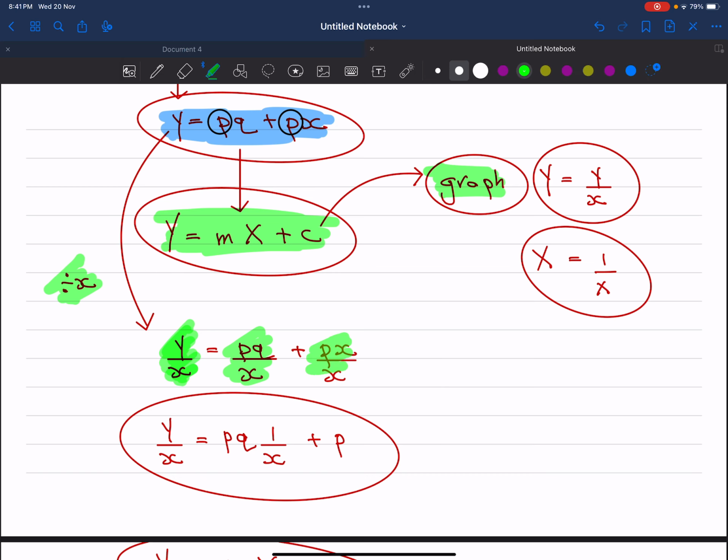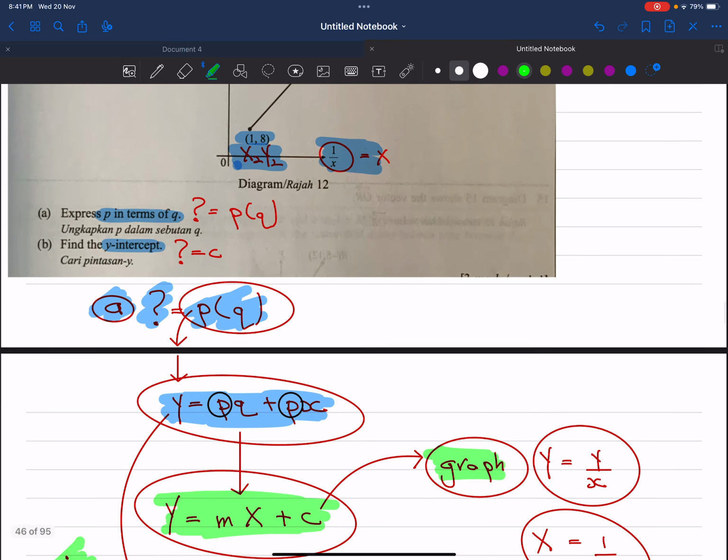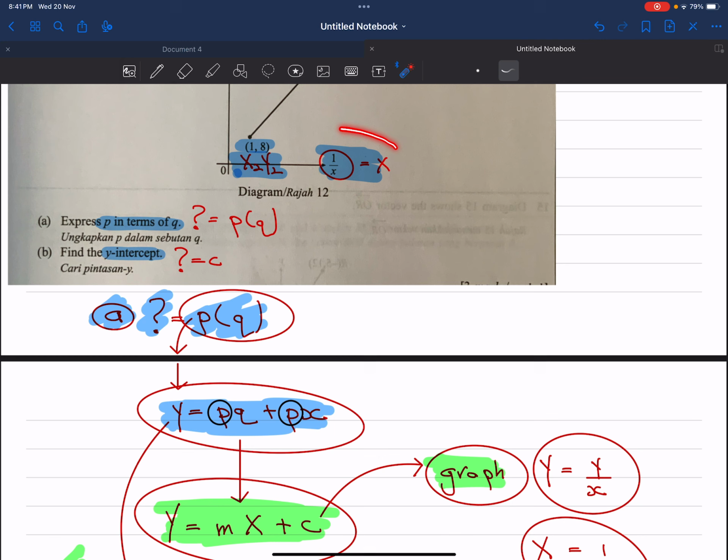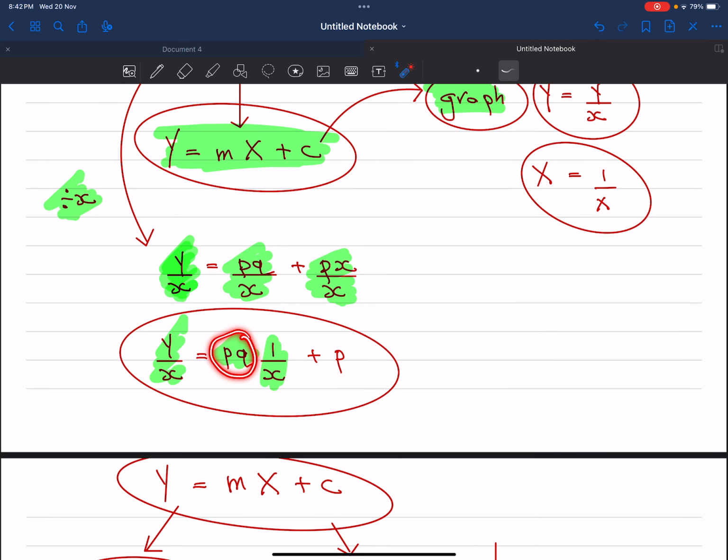We simplify, copy y over x back. And this pq over x, I separate pq and 1 over x because the x-axis is 1 over x. So that is why I separate pq and 1 over x.